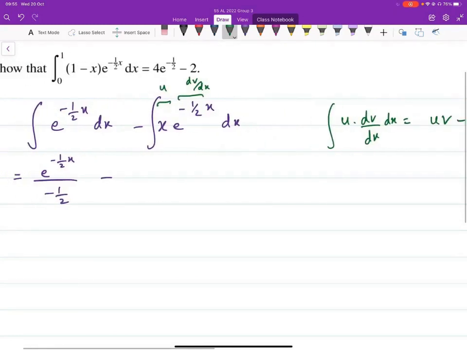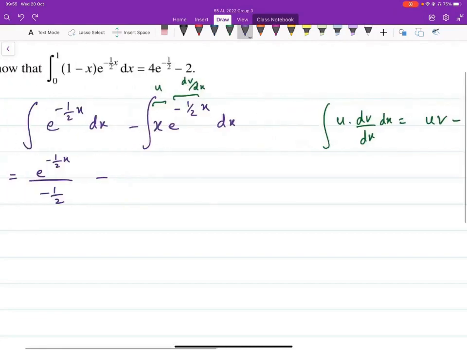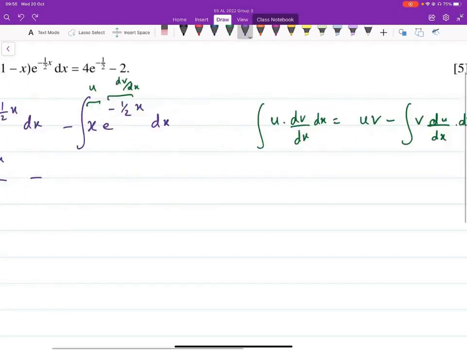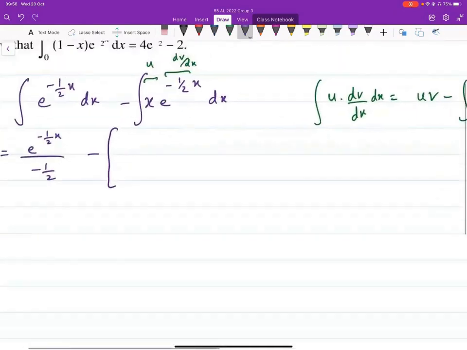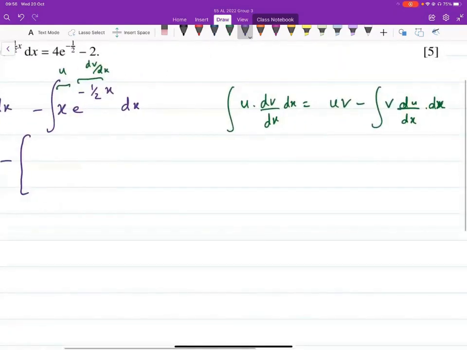Now we have a negative sign outside, so be careful. That will stay outside, and then you'll have a bracket opened after that. Now you need u into v. What's u? U is just x. V is integral of this thing. That's going to be e raised to power minus half x divided by minus half.